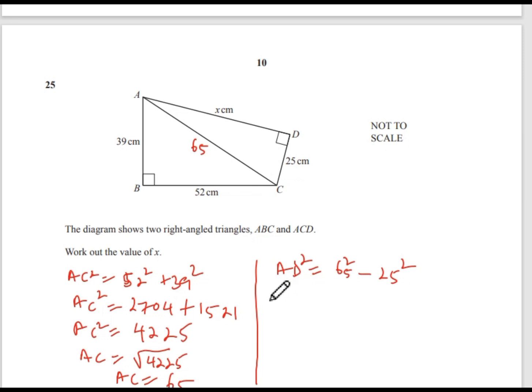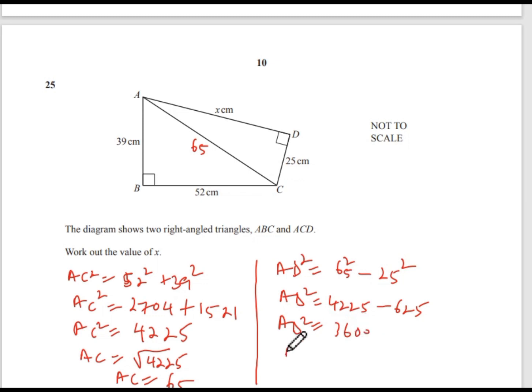So AD squared is equal to 65 squared, which gives us 4225, negative 625. That gives us 3600.